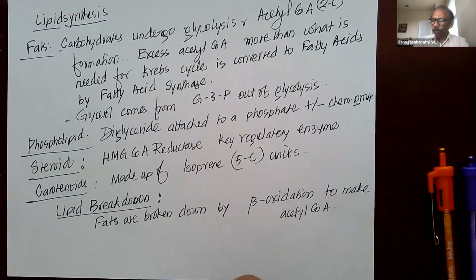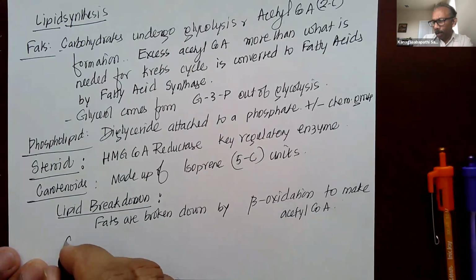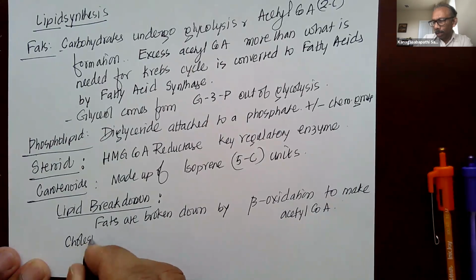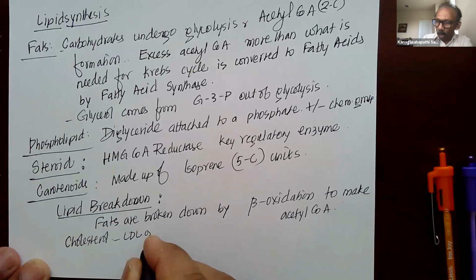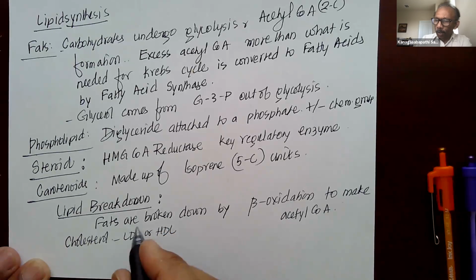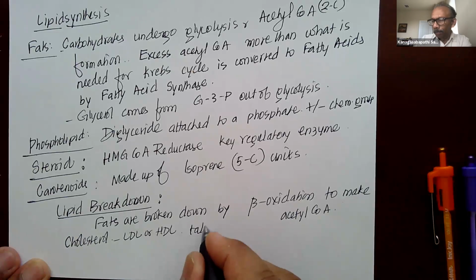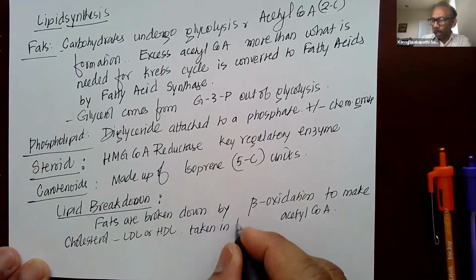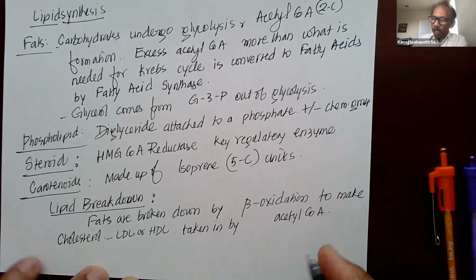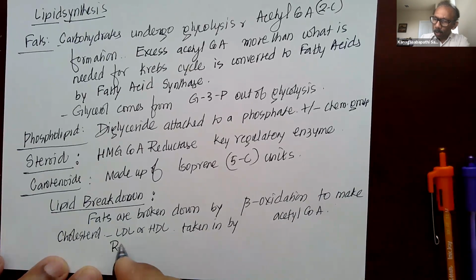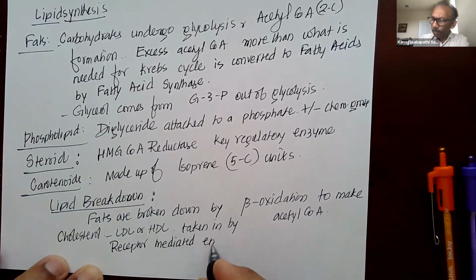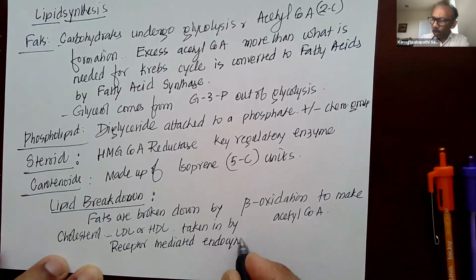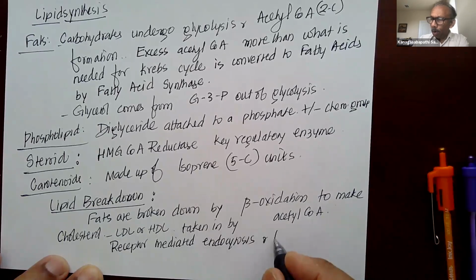Okay, the cholesterol that travels in the blood as LDL cholesterol or HDL cholesterol is taken in by a process we have seen before called receptor-mediated endocytosis, and broken down.